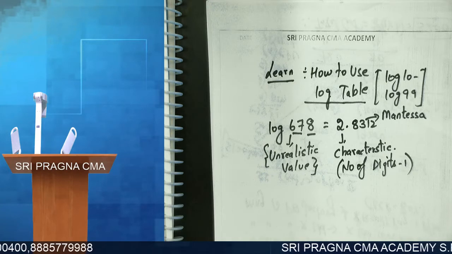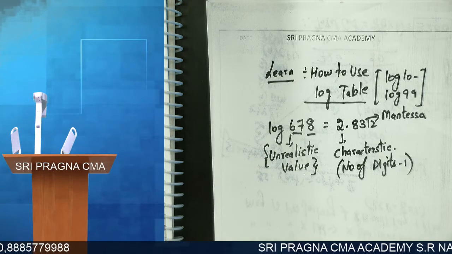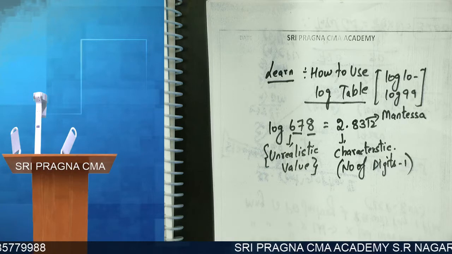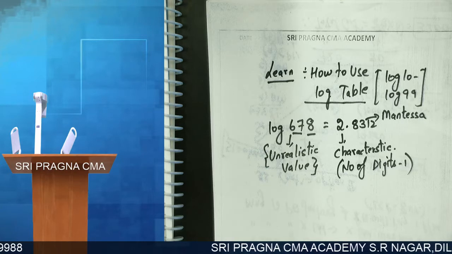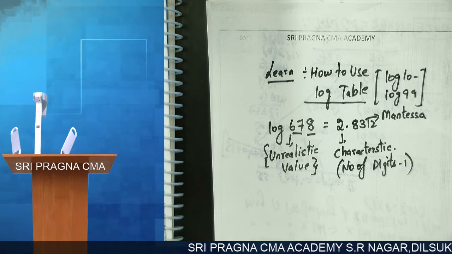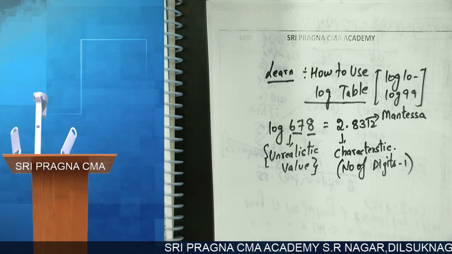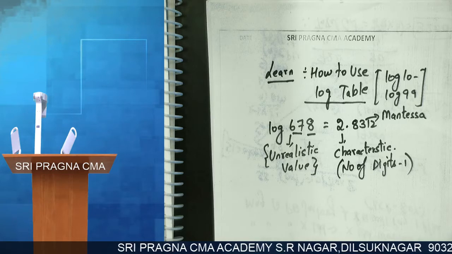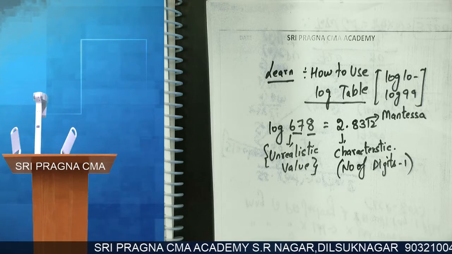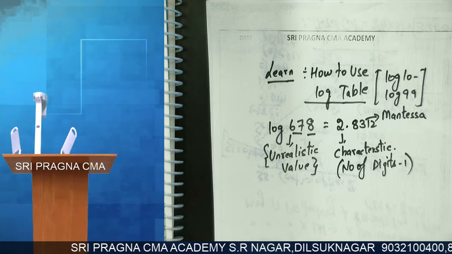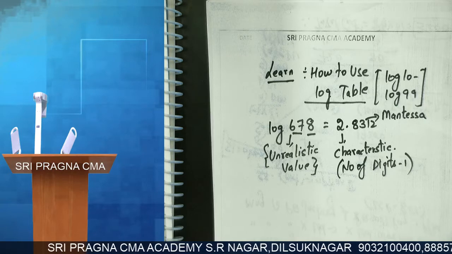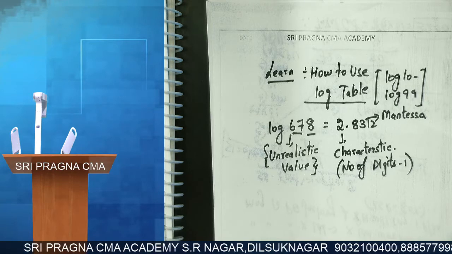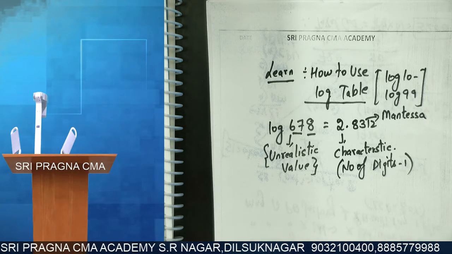Before the decimal, how many digits? 2 point. To find out the mantissa, we will check the log table, 67 under 8, because the log table starts from 10 to 99.